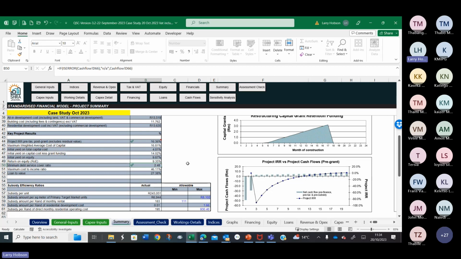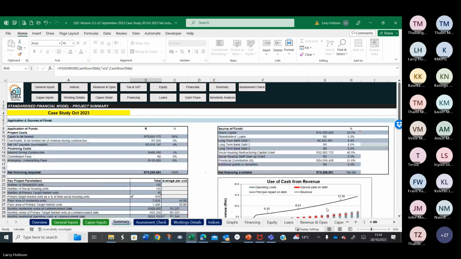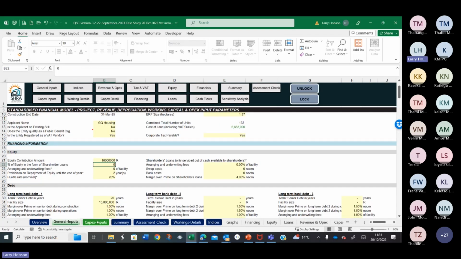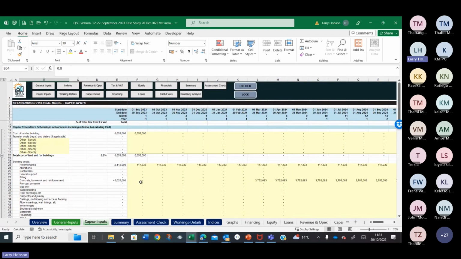Now you'll see that our debt service cover ratio is very healthy at 2.48. That is because it's an ODA and we've contributed 20% in cash equity. In this particular example, remember we spoke yesterday about maybe having land as your equity. Well, in this case, the land price was only 6.6 million.